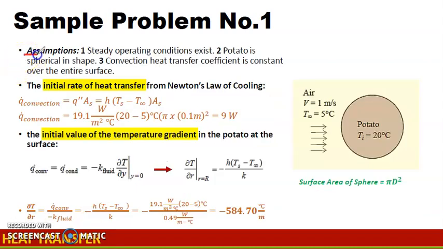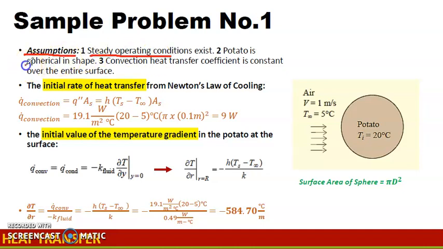So these assumptions are necessary, and it is you that will establish these assumptions in order to simplify the solution. So for this problem, we assume that this is a steady operating condition. Steady meaning that the properties do not change with time, meaning the temperature of air will always be 5 degrees Celsius, and the temperature of the potato at that point will be 20 degrees Celsius.